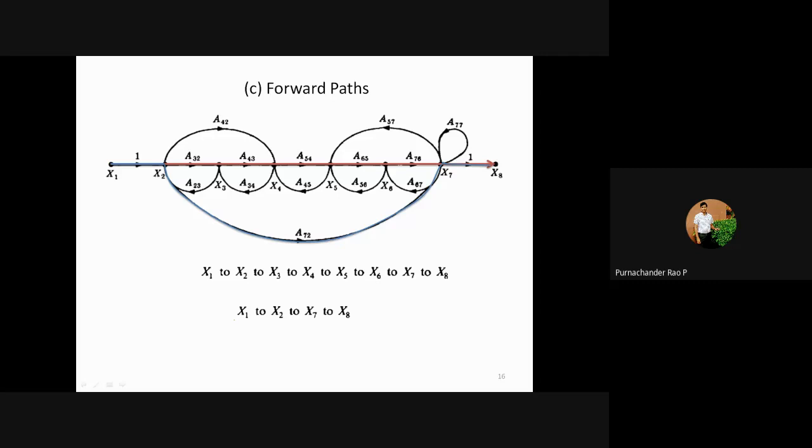So these are two possibilities of forward paths. And another forward path is from x1 to x2, then x4, again x5, 6, 7, and 8. So there are three forward paths.